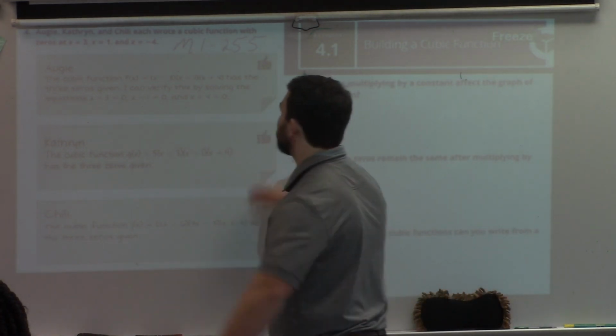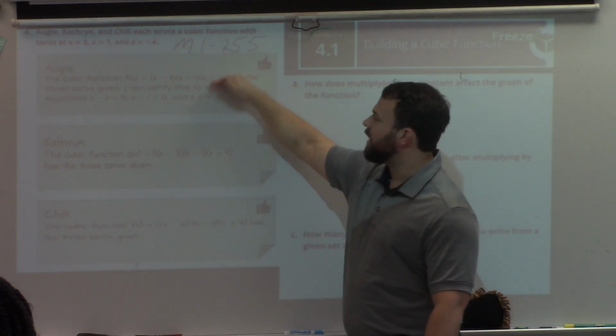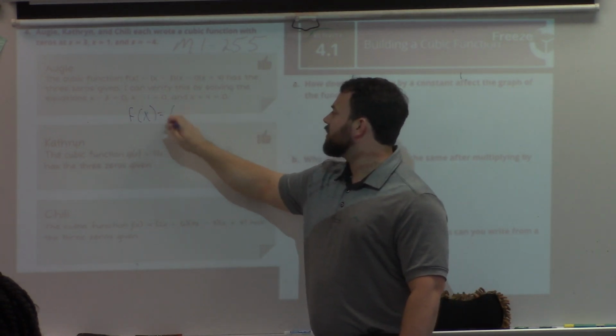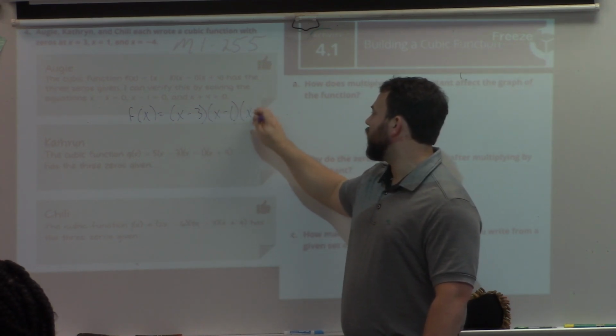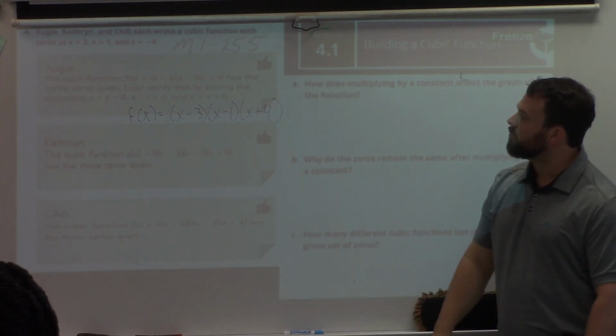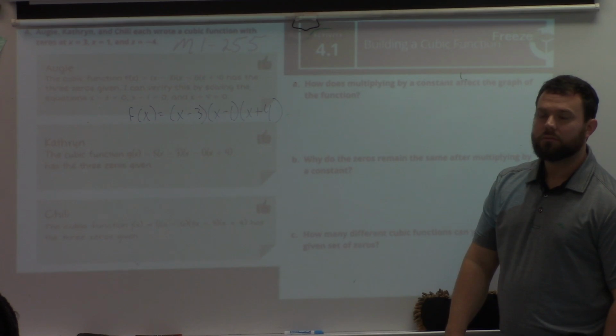Augie's equation right here: f of x equals x minus 3 times x minus 1 times x plus 4. Does Augie's equation work for those roots, or those zeros? How do we know?